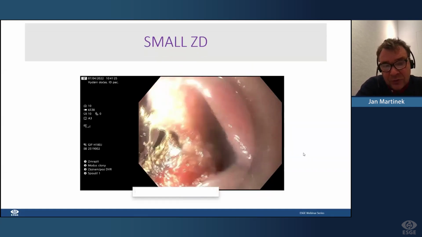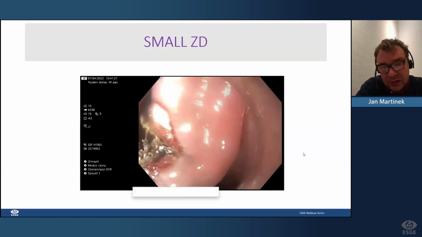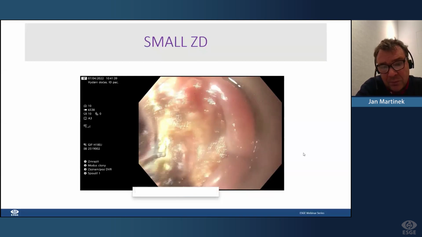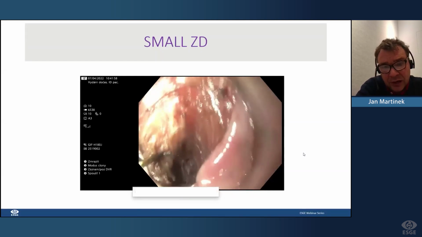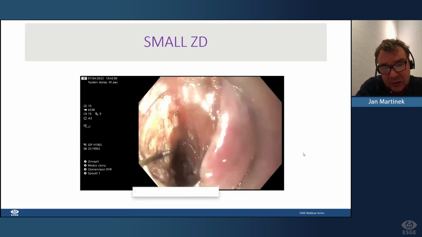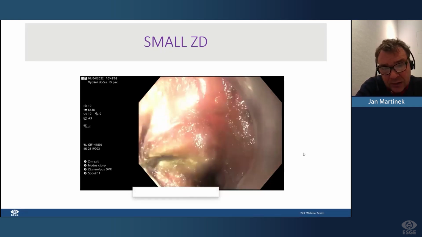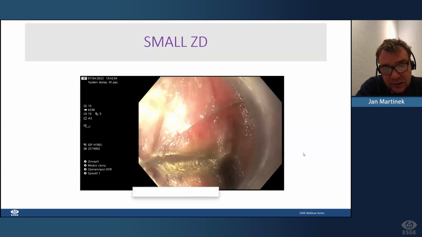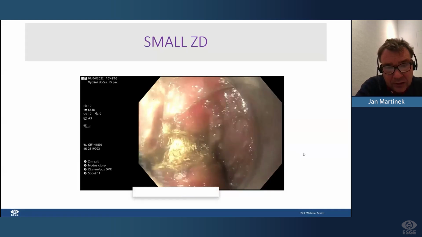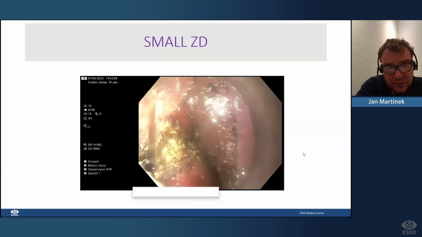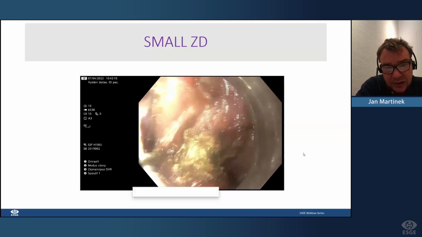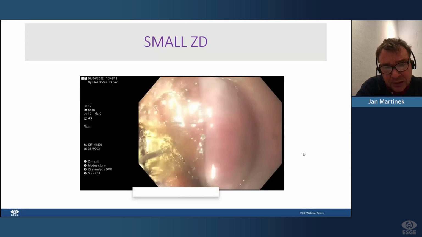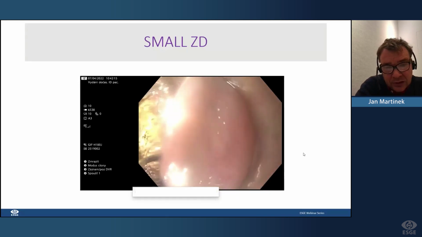The advantage of this procedure, ZPOM, is that we can really perform a complete myotomy of the cricopharyngeal muscle. So this is the esophageal part going left, and here on the left you will see the diverticular side, the cricopharyngeal muscle, which will be cut in just a few seconds.